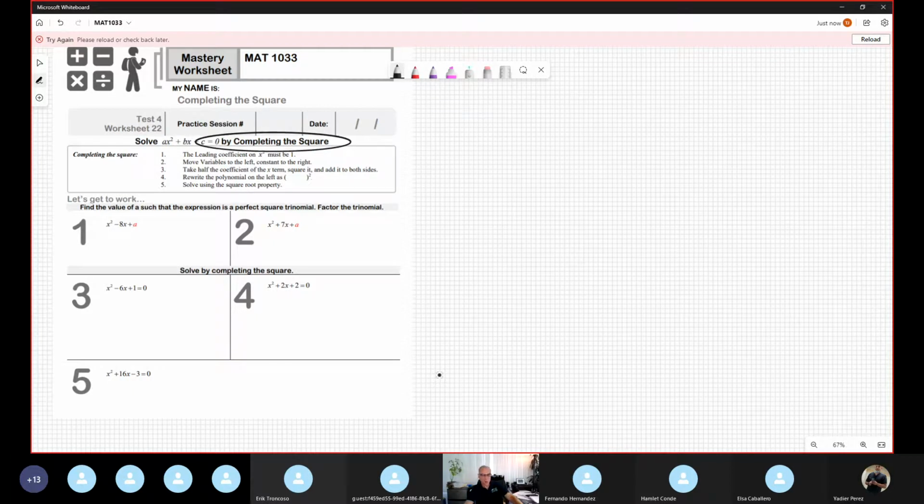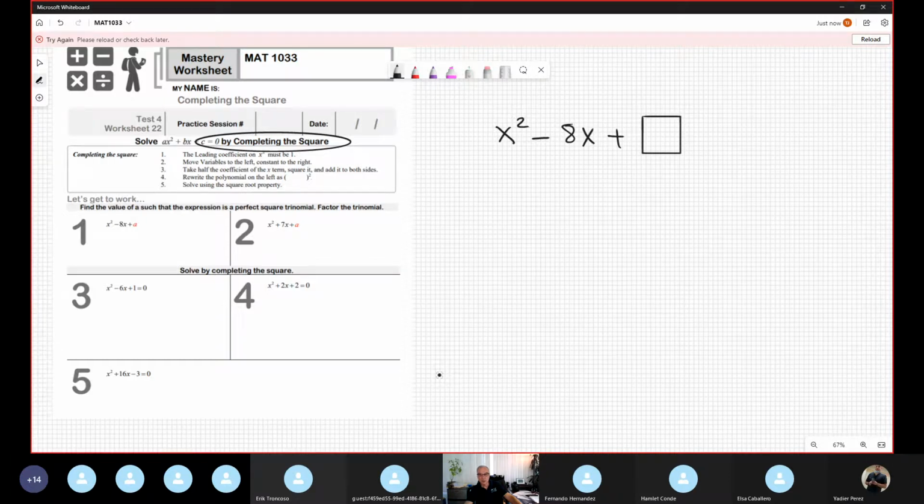Now, it's super easy. Look, you have x squared minus ax plus something. And the idea is completing the square. What does completed square mean? It means this is a binomial, 1, 2, but I include one extra thing in order to convert it to a trinomial, 1, 2, 3.